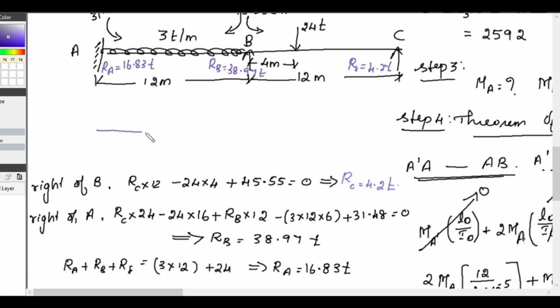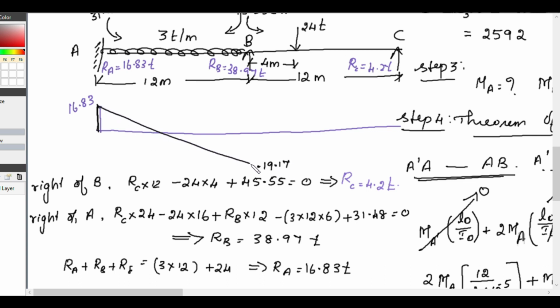Now we will draw our shear force diagram. At A, RA is 16.83. Then up to B we have a UDL of 3 into 12. So 16.83 minus 3 into 12 we get minus 19.17.